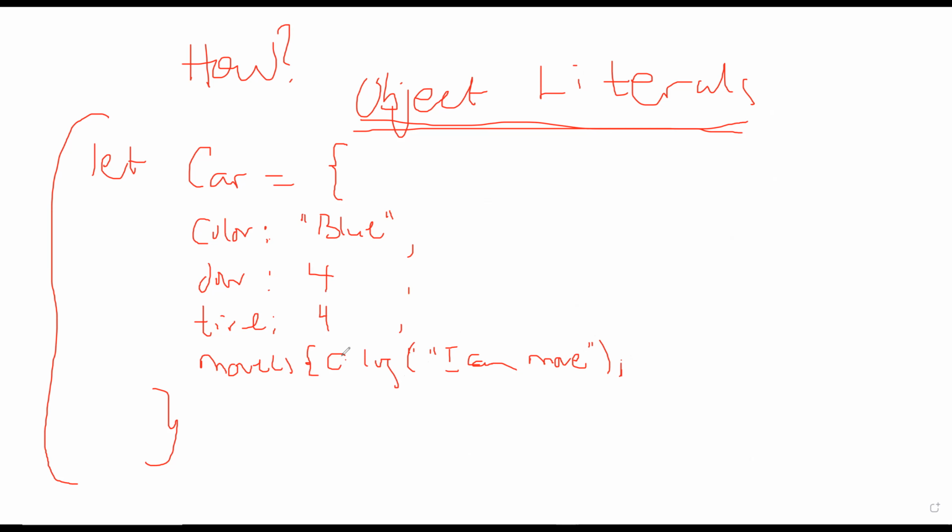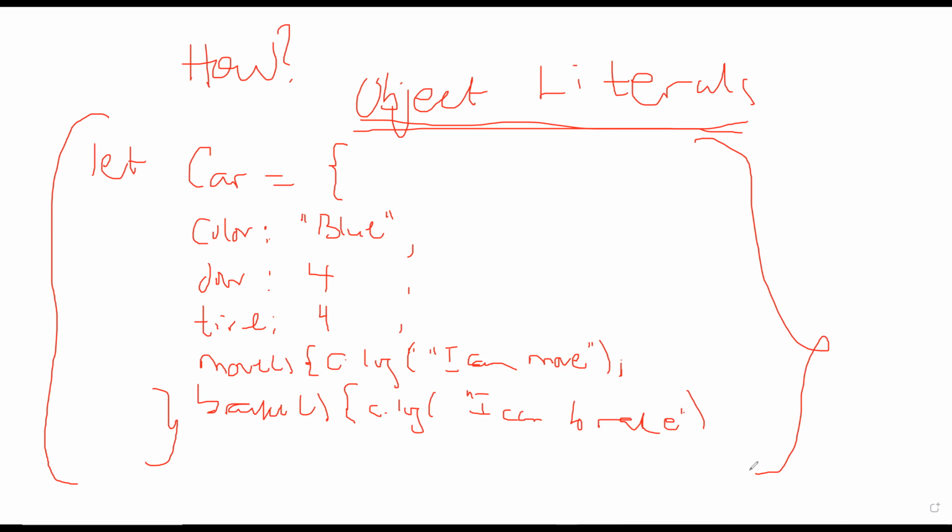Comma here, comma here. And let's say break. Console.log, I can break. If you are able to do this, that means you have created an object.